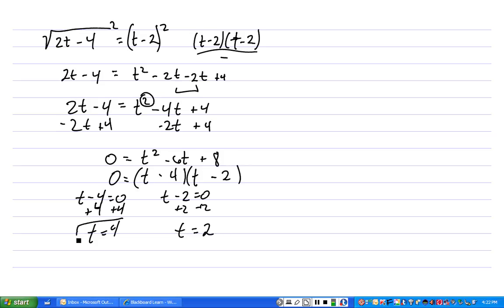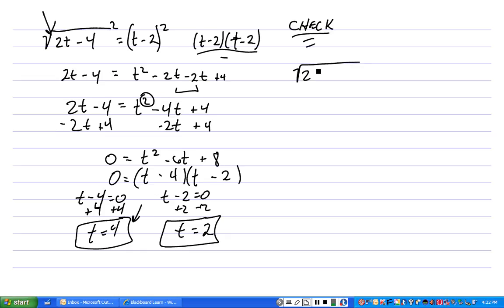Alright, so I have two solutions, t equals 4 and t equals 2, but I have to check them. Alright, we always check for radical equations. It's got a radical in it, we want to check it. So I'll go back to the initial equation, and I'm going to use my 4 first. So I'm going to say square root of 2t minus 4 equals t minus 2, and t is 4.